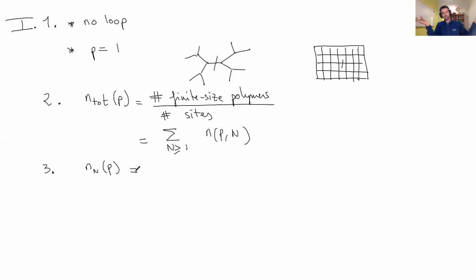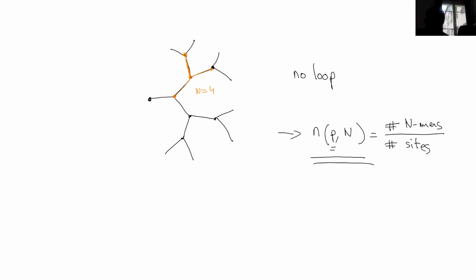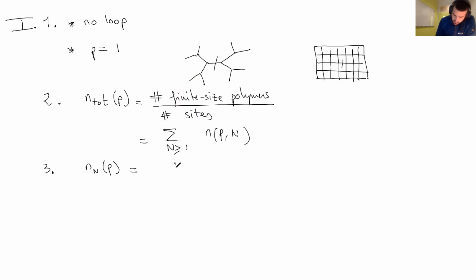Can be a trimer, for instance. What is the probability when I pick a molecule that it is actually a n-mer? Again, based on n. That is n of n divided by n tot. Yes, thanks. So for now, it's pretty easy, right?